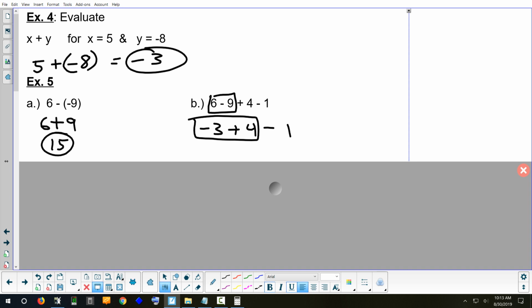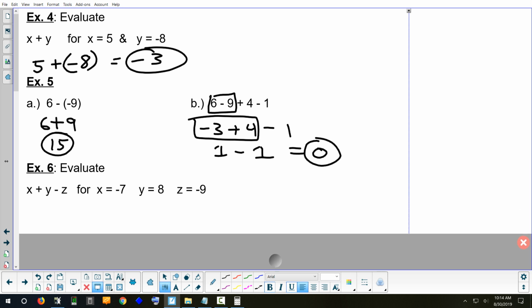Yep, 1. 1 minus, I still have that -1. And now we subtract them. 1 minus 1 gives me 0. Good. Okay. Any questions on that one?